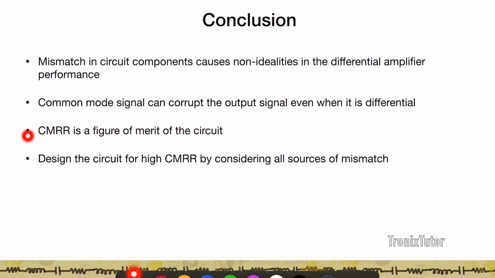And this is measured by what is known as CMRR, which is a figure of merit of the differential amplifier. CMRR stands for common mode rejection ratio. And you want to design a circuit for a high CMRR. Typically that involves designing the circuit in such a way as to reduce the mismatch between the various components and to use a tail current source which is as ideal as possible.